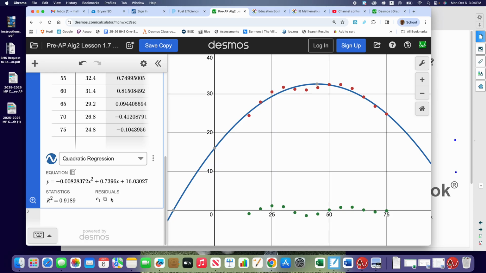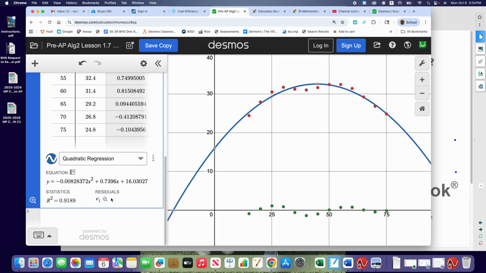What's the one thing that is concerning? It's got a wave pattern, correct? It's got a little pattern in this. It's not just random. It's not a nice horizontal line. It's not too far off, but the pattern here does really concern me, okay?